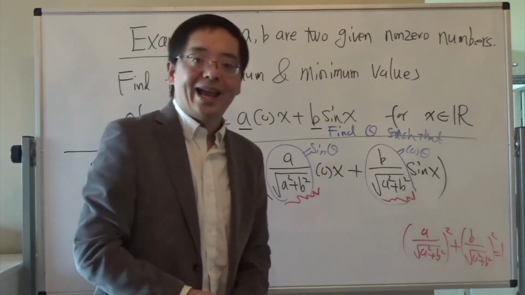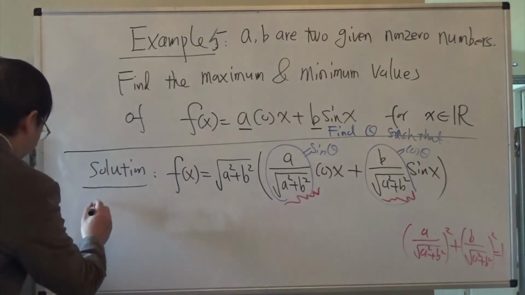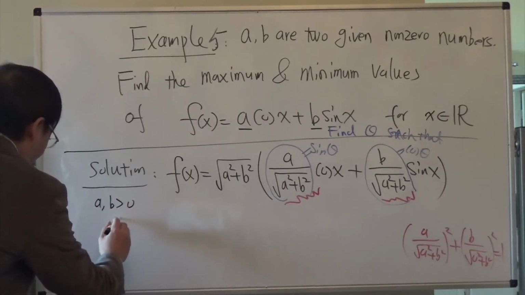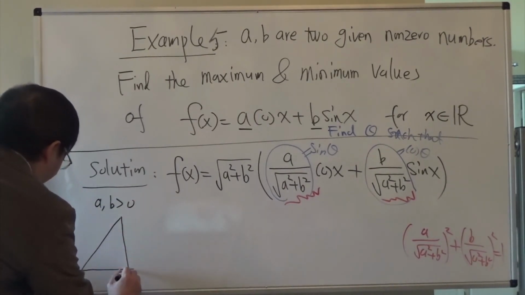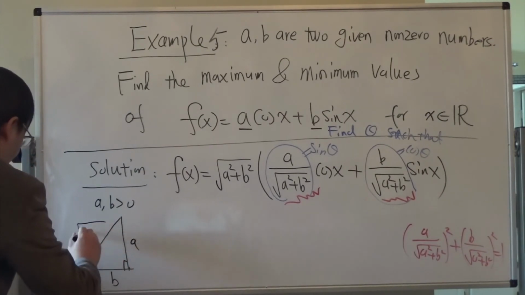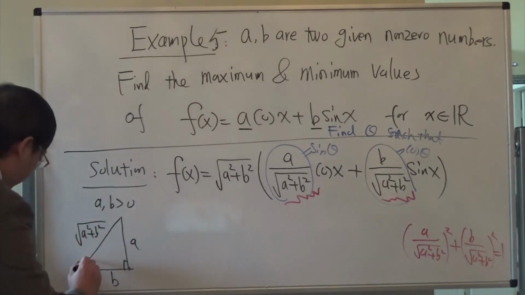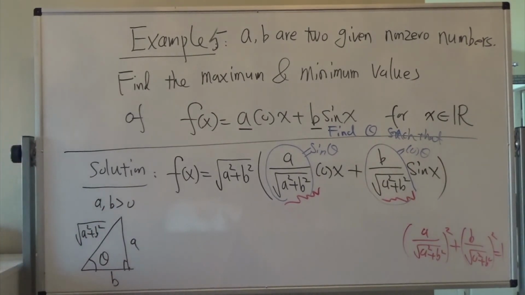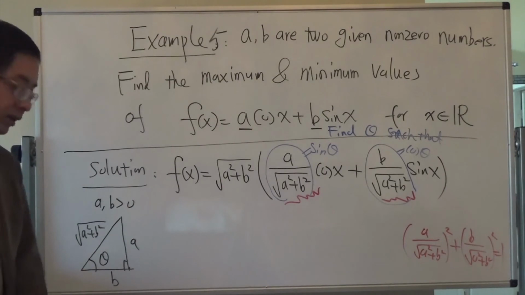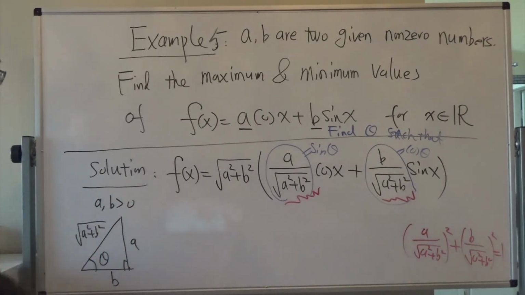So you see, when a and b are positive, this is just the Pythagorean theorem. If a and b are positive, you have a right triangle: this is a, this is b, this is the square root of a squared plus b squared, and my theta is this angle. We put it in a right triangle, using the original definition of sine theta, so that's how we get theta.